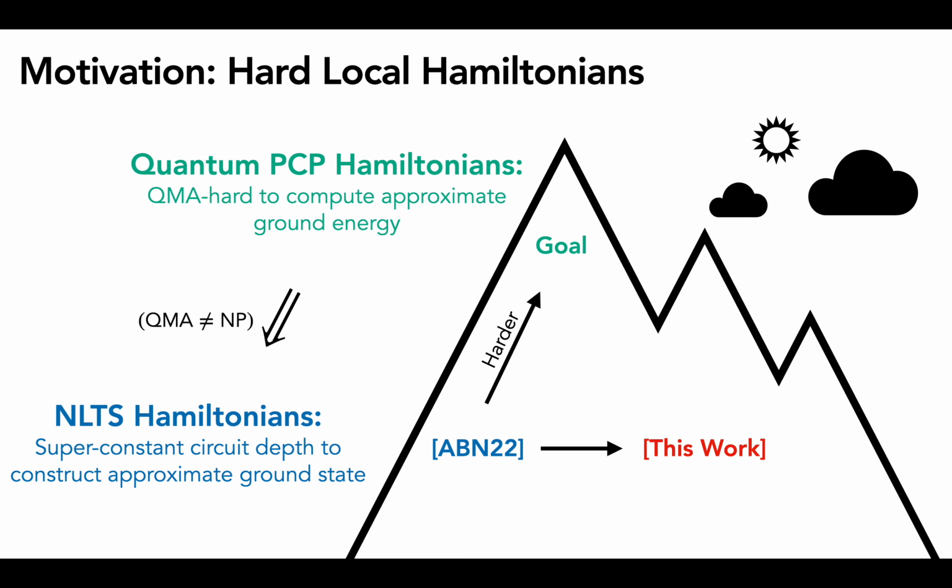Specifically, we relax the conditions on a code under which that code yields an NLTS Hamiltonian. But I guess this can still be viewed as progress upwards, in the sense that the more constructions of NLTS Hamiltonians we have down here, the more opportunities and flexibility we have for finding a construction that will generalize to something maybe higher up the mountain. So that's the motivation for our work.